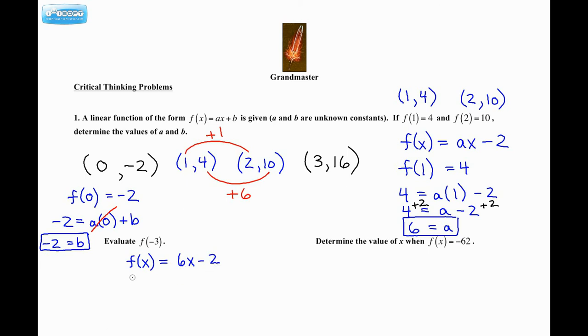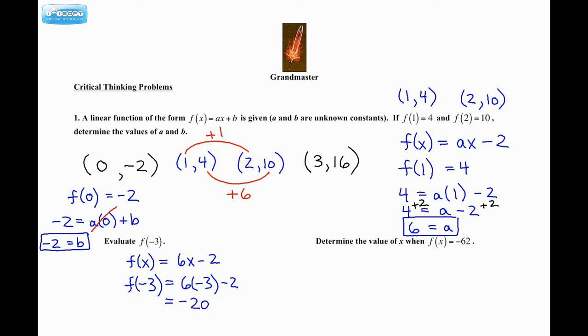Now we're evaluating this at x equals negative 3. So that is 6 times negative 3 minus 2. 6 times negative 3 is negative 18. Subtract 2 gives you negative 20.